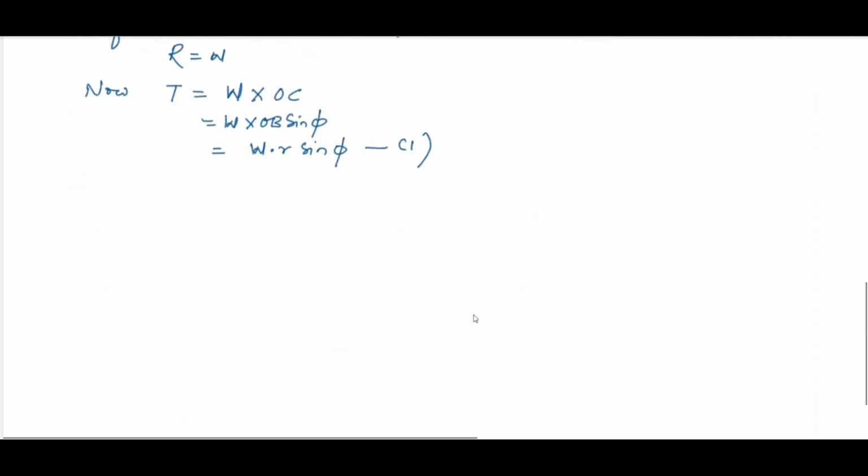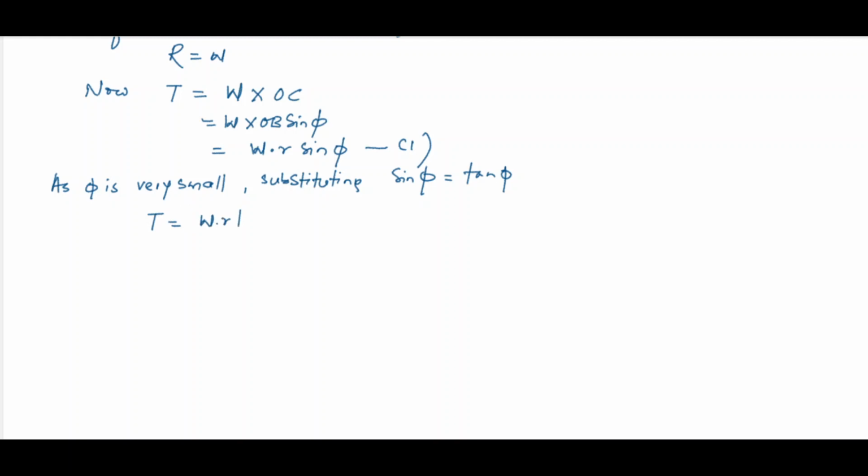Now as phi is very small, substituting sine phi equal to tan phi, the frictional torque T can be represented as W dot r tan phi.